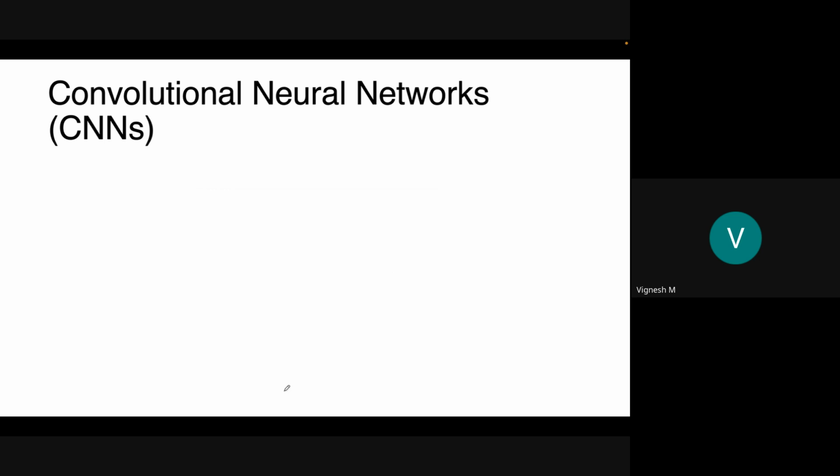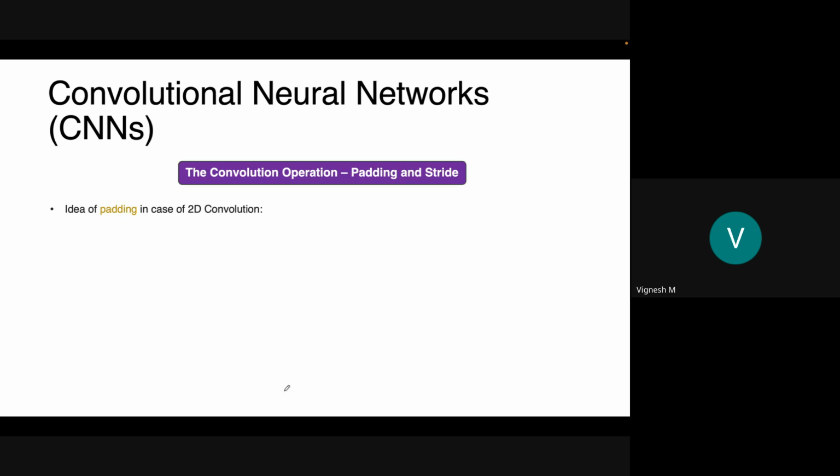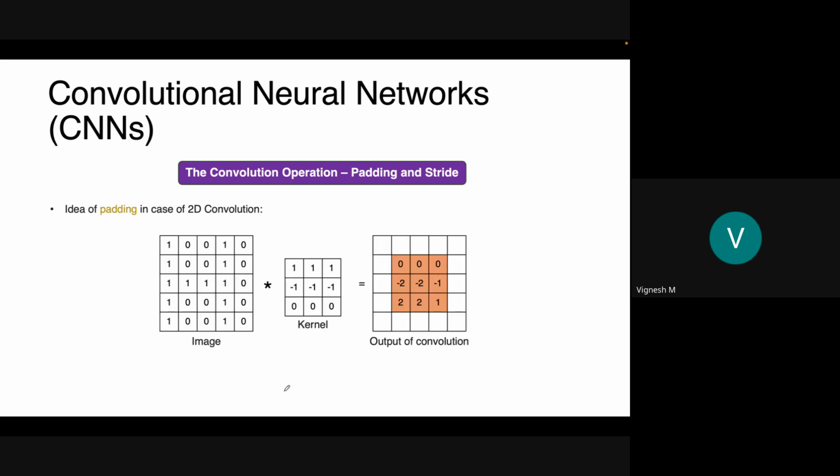Now, I just gave you a brief intro into this, but let's talk about padding and stride, and let's just finish that part off. So what's the idea of padding in the case of 2D convolution? 2D convolution is more common, we are very likely to use this.